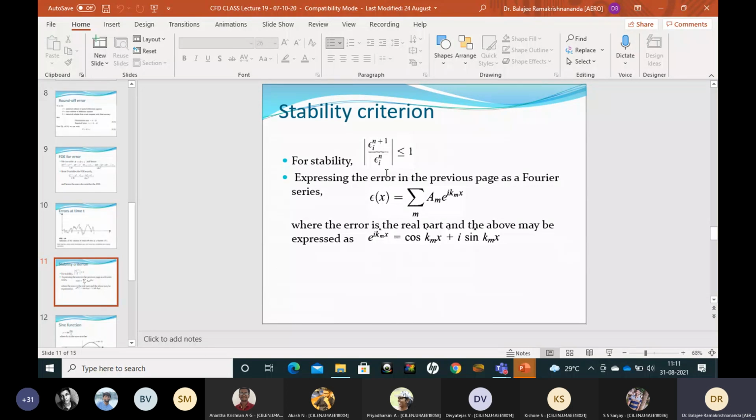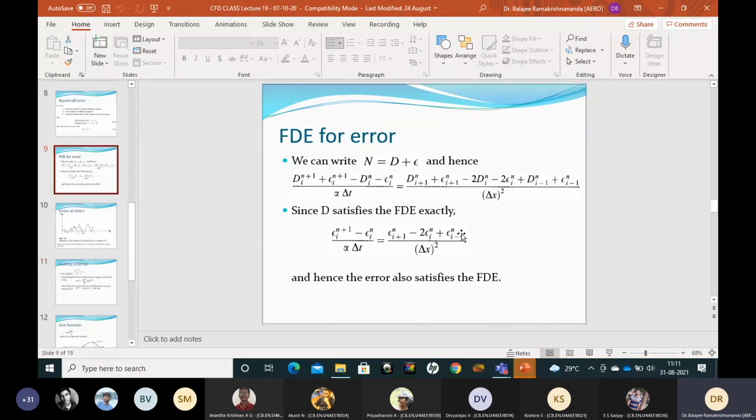So, to see whether this simple criterion is satisfied, we go back to the earlier expression. Let's examine this FDE, written for the 1D heat conduction equation with FTCS discretization. This is the error equation.